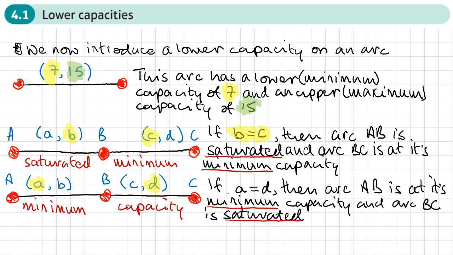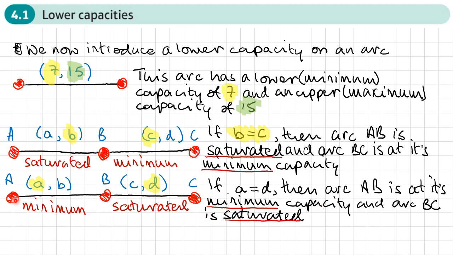If, however, we have this first arc here at its minimum, and that matches the maximum capacity of the second arc, I'm not sure why I put capacity there, that should say saturated. So in other words, if A, the minimum capacity of arc AB, is equal to D, the maximum capacity of arc BC, then arc AB is at its minimum and arc BC is saturated.